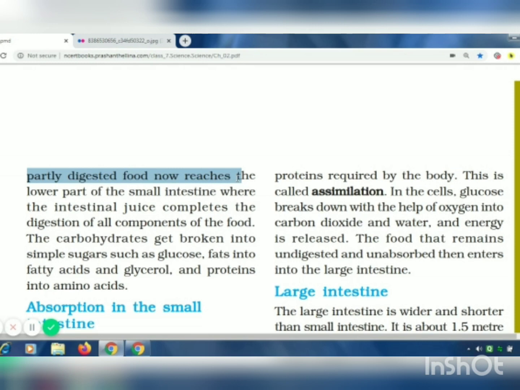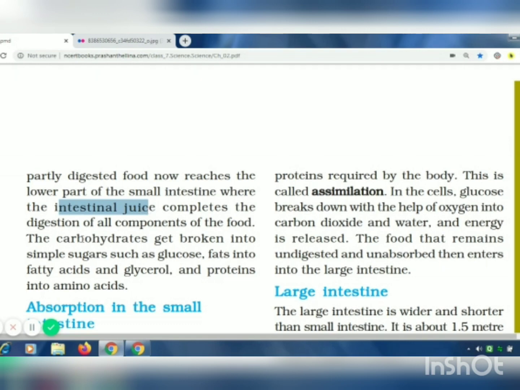That partly digested food reaches the lower part of the small intestine, where the intestinal juice, the juices secreted by the wall of the small intestine, combines with the partly digested food, and the digestion of the food is completed. All the components of the food are completely digested at this point.